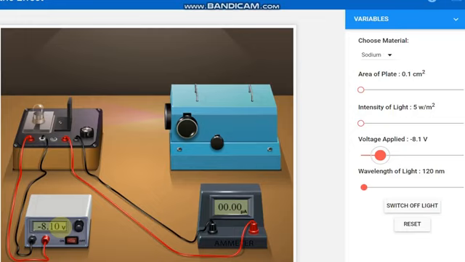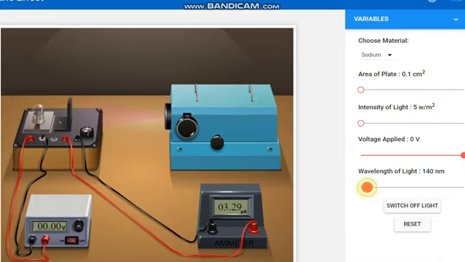You keep the material constant, the area of the plate constant, the intensity of incident light also constant, but you have to change the wavelength of incident light. Before changing the wavelength, first you bring the applied potential to 0, then you change the wavelength.